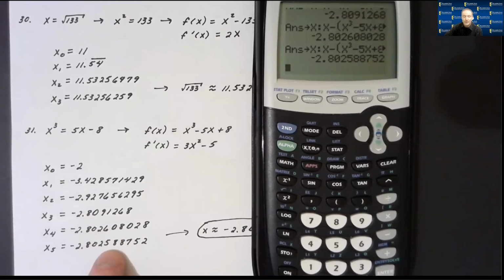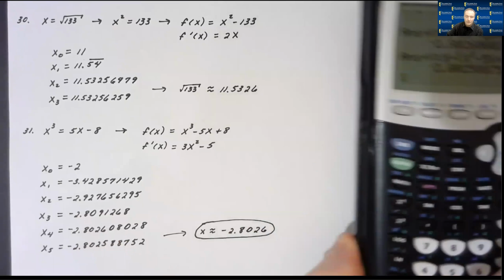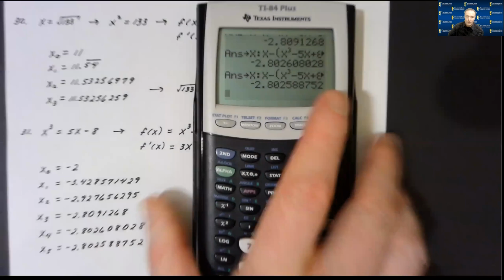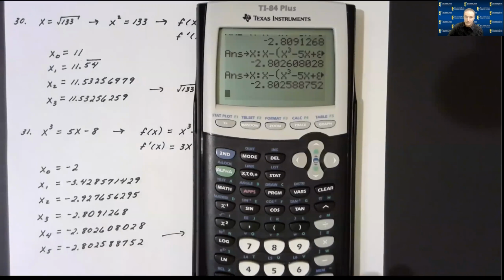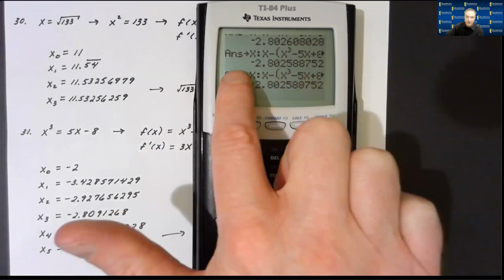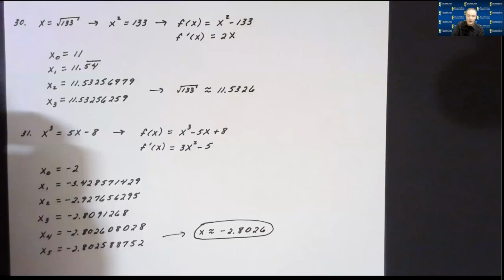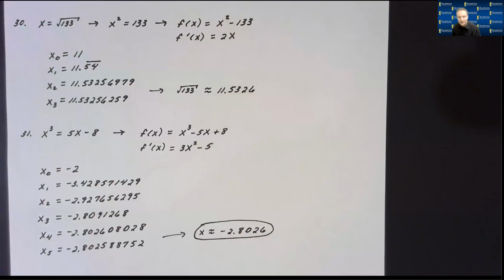So you can stop. You can say it is converged to 4 decimal places, and our convergent answer is -2.8026. Now, if you wanted to go again, which there is no reason to, you can already see that this was actually correct out to 8, 9 decimal places, but we only needed the 4, so that's why I stopped my answer at 4 decimal place accuracy there.